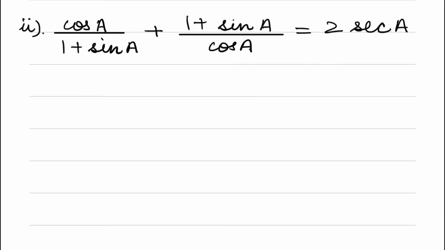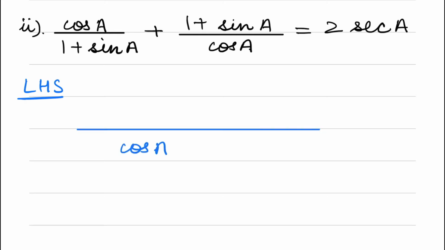The second part is cos A divided by (1 plus sin A) plus (1 plus sin A) divided by cos A is equal to 2 sec A. So we are going to work on the left hand side, and I'll take the LCM. LCM is cos A into (1 plus sin A).